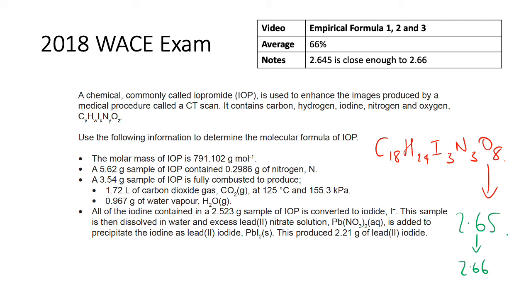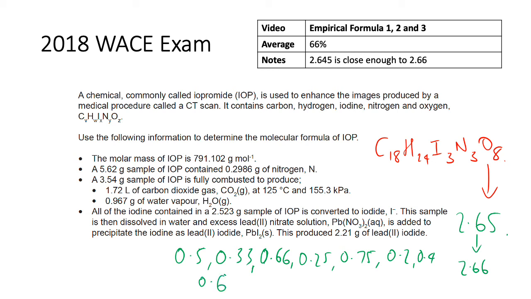So you should be on the lookout for all of the possible fractions: 0.5s, 0.33s, 0.66s, 0.25s, 0.75s, 0.2s, 0.4s, 0.6s, 0.8s. All of those can be multiplied out depending on what it is.